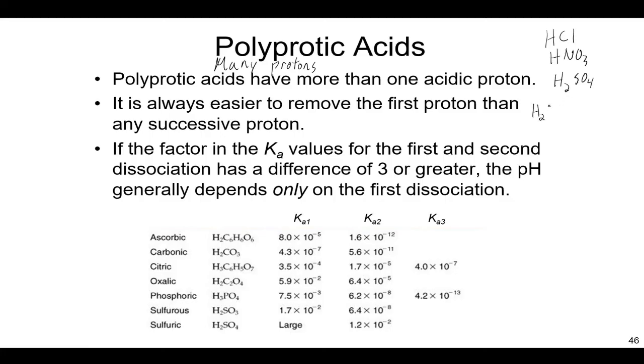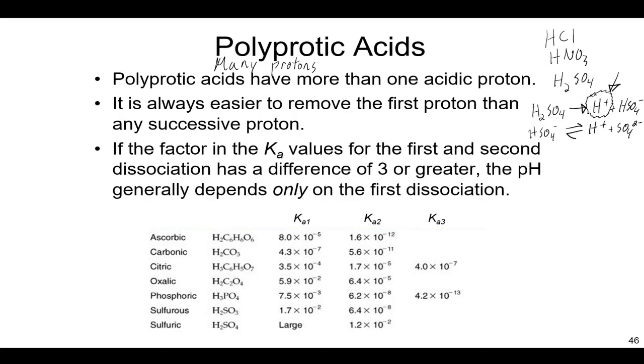So this H2SO4 is essentially a one-way arrow to make H plus plus HSO4 minus. But this HSO4 minus might then be able to also create a proton. And it is able to do that. Now, since the first proton is so one way, and the second process is an equilibrium, basically all of the pH is attributed to this first proton.